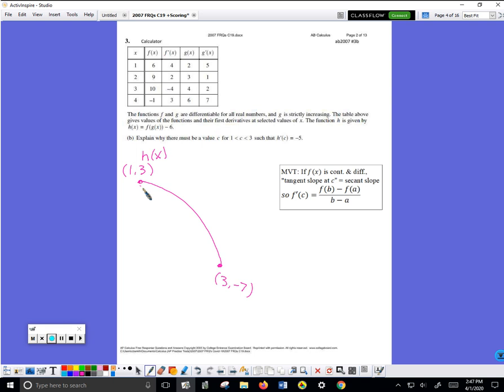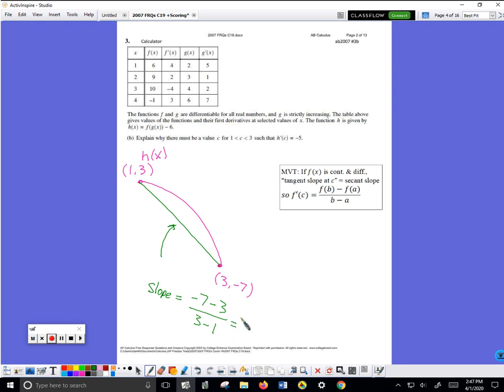So I've got to find the secant slope here, the slope between the points. So this secant slope is going to equal negative 7 subtract 3 divided by 3 subtract 1.